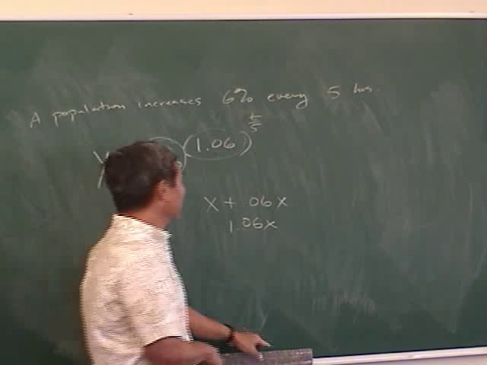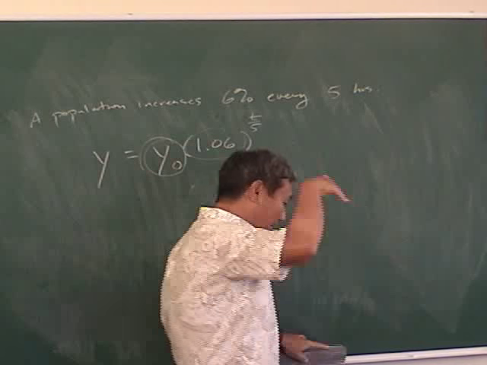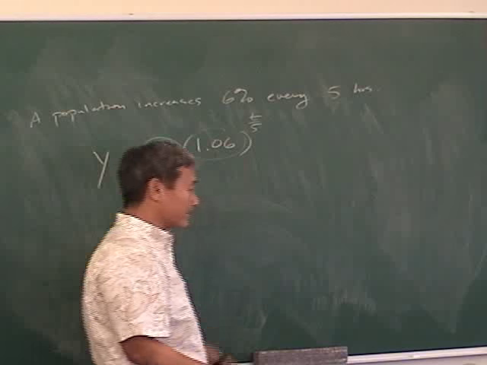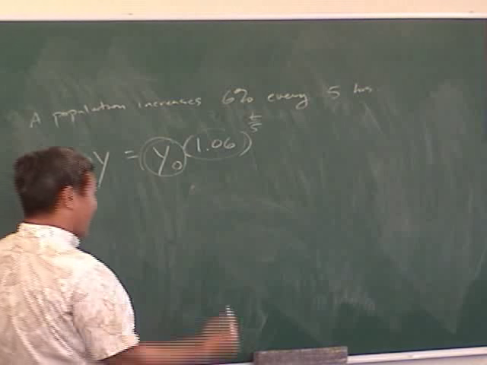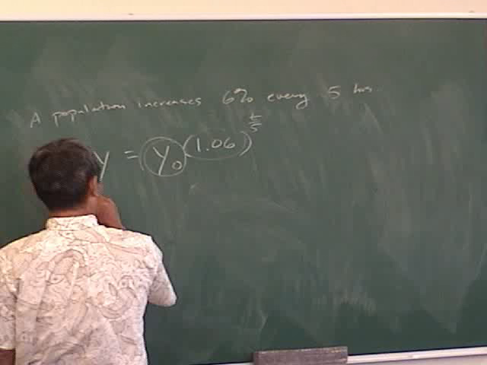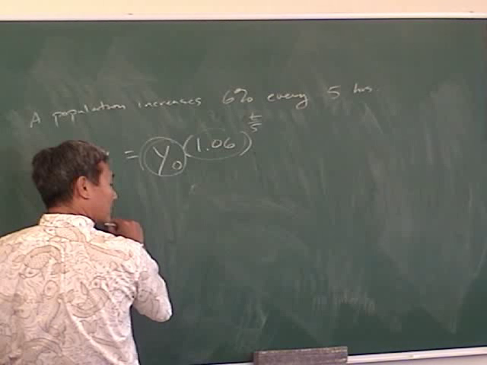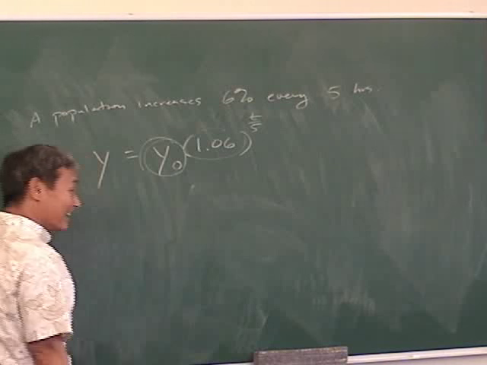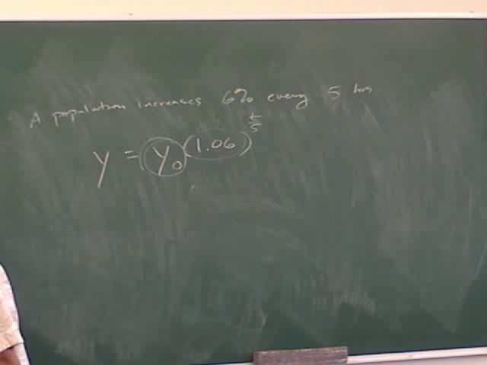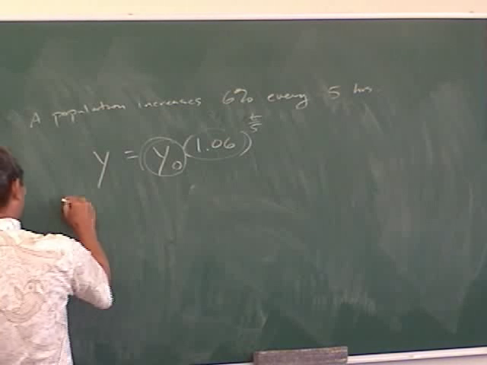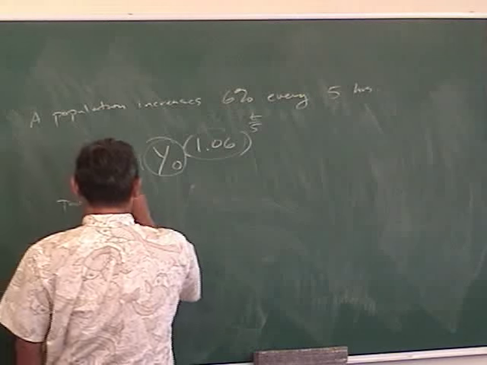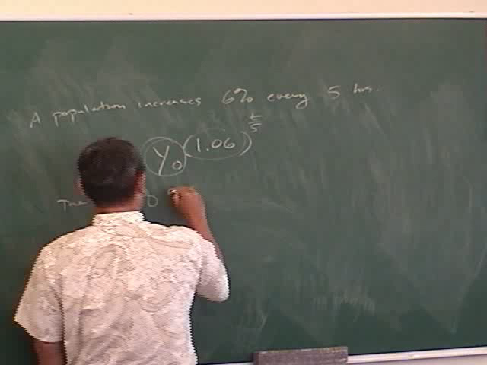Okay, now what if we have something that decays? Can you think of something that decays? The price of your car. The price of a banana. Okay, I'd rather use a car.